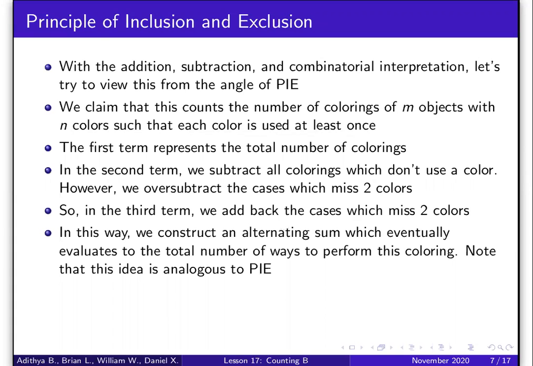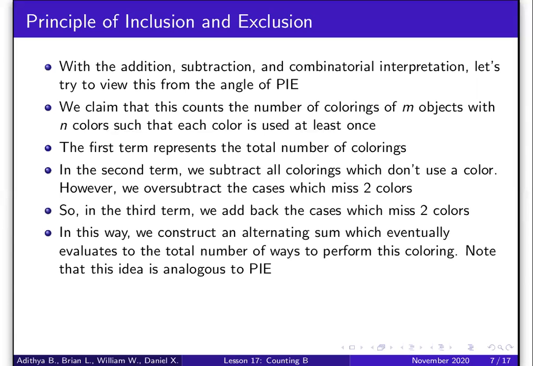this basically evaluates to what we claimed it is, because it's the same logic as PIE. We take all the colorings, then we subtract the colorings that miss 1, add back the colorings that miss 2, subtract the colorings that miss 3, and so on. So in the end, the sum should be exactly the number of colorings that don't miss anything.